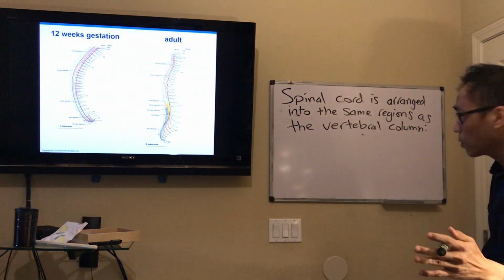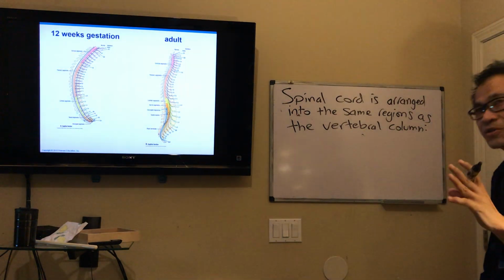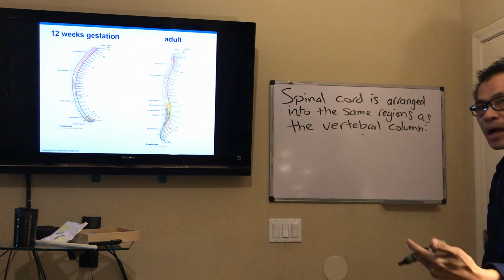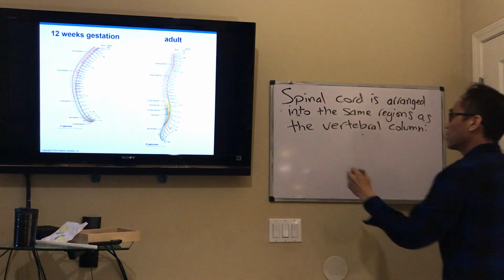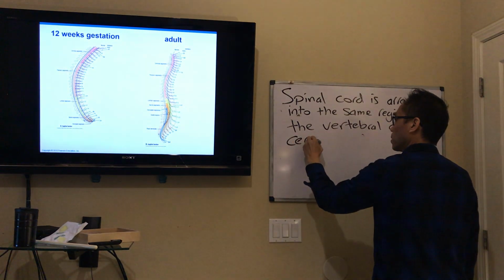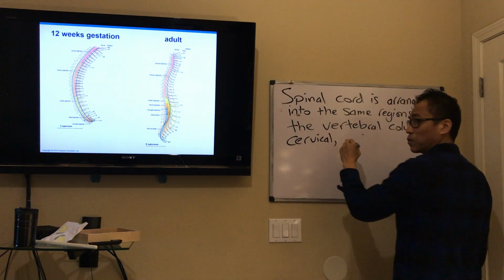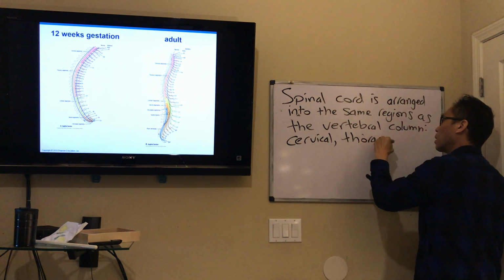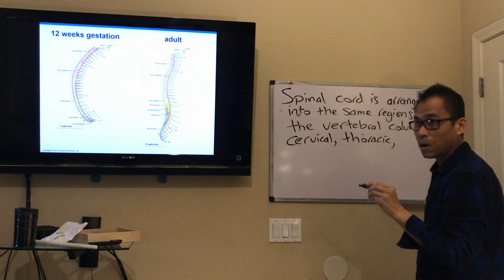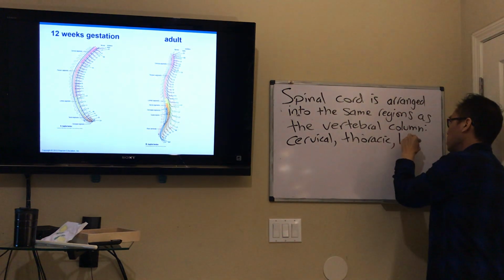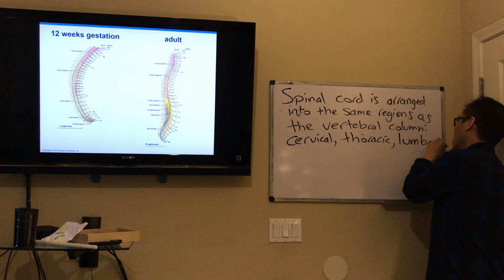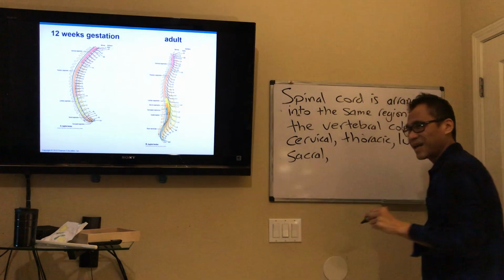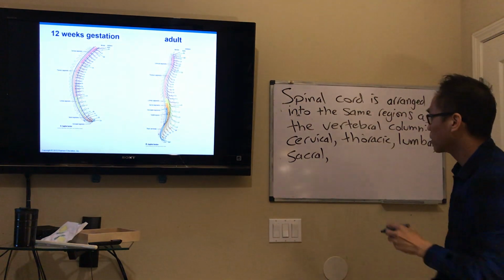That's cervical, thoracic, lumbar, sacral, coccyx regions. Cervical, thoracic, lumbar, sacral, and coccygeal regions.